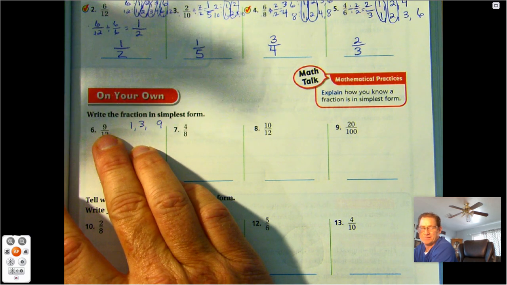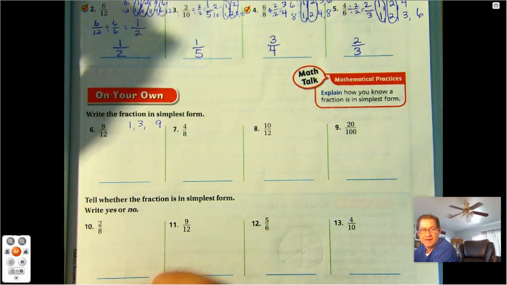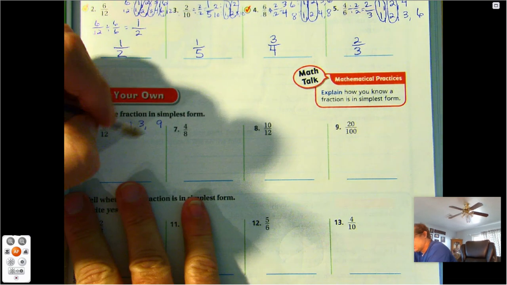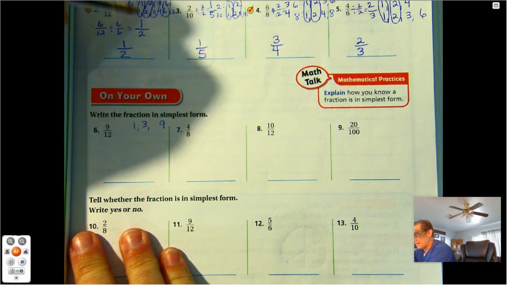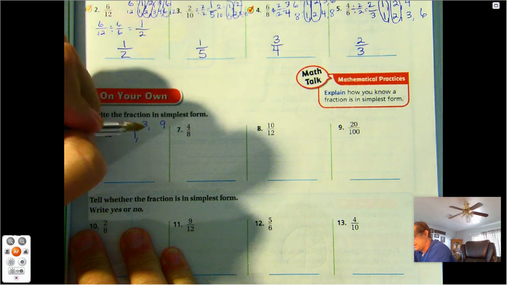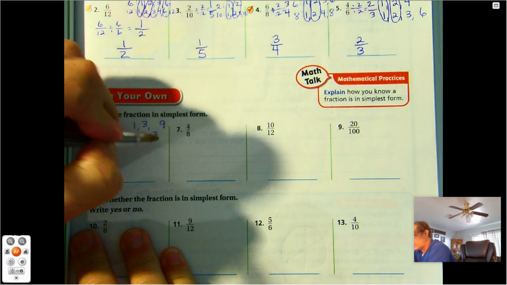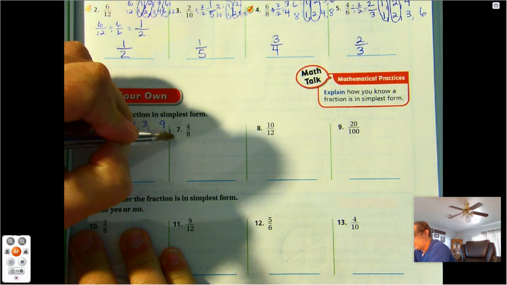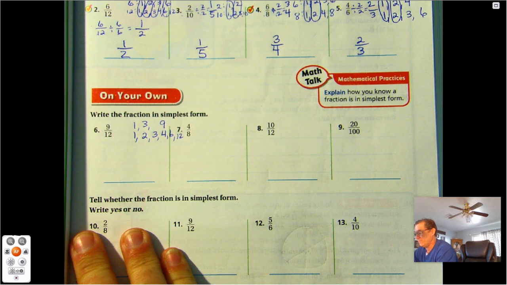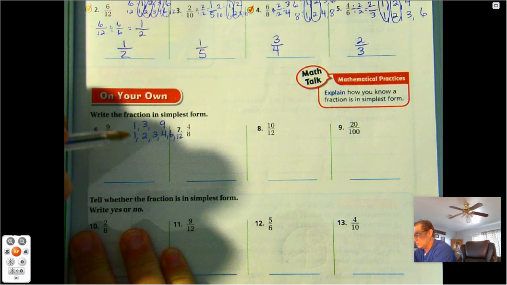So those are the only factors of 9. 1, 3, and 9. 12, we've listed the factors of 12 already. 1, 2, 3, 4, 6, and 12. So 1's in common, 3's in common.